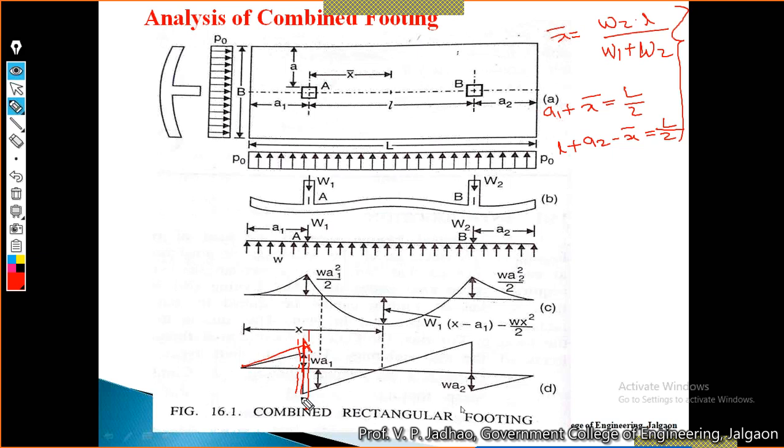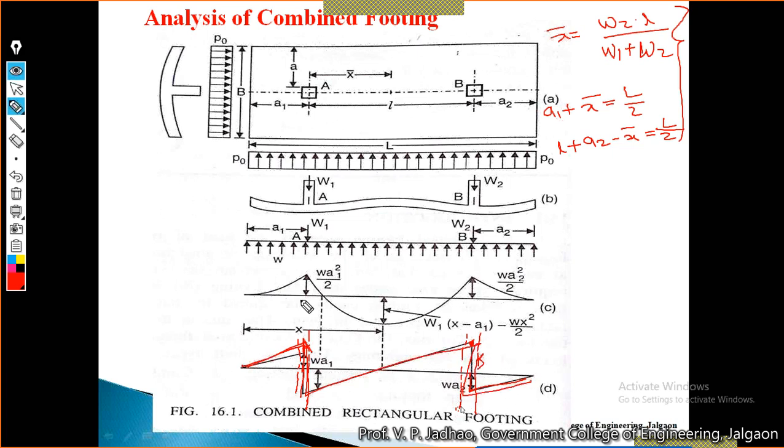Again, we will be taking a section on the left of column B, so we will get some value of shear force here, and again we will take one section on the right of column B. We will get some shear force here, and we will get a shear force diagram like this.